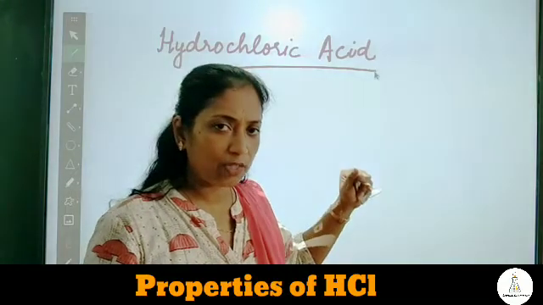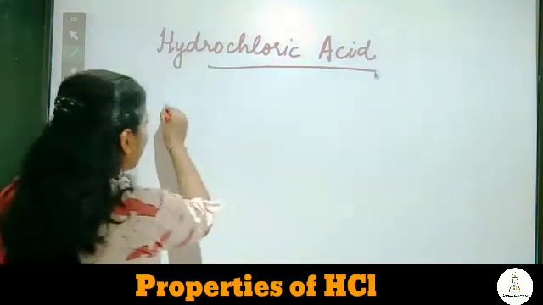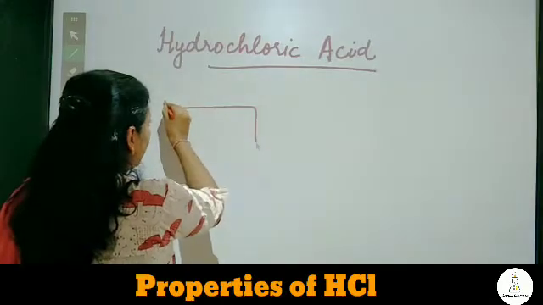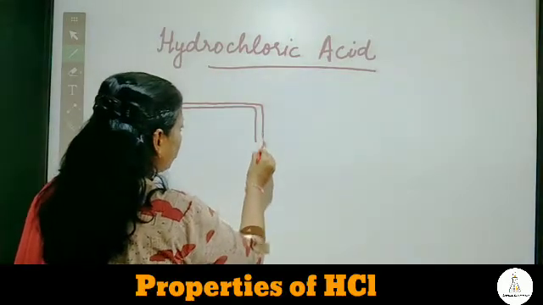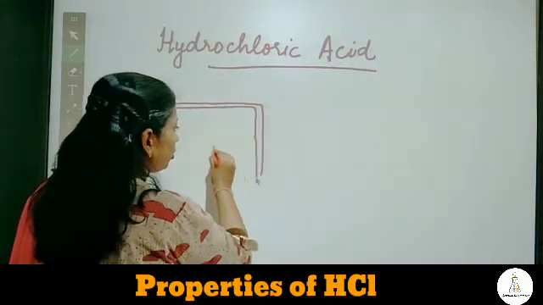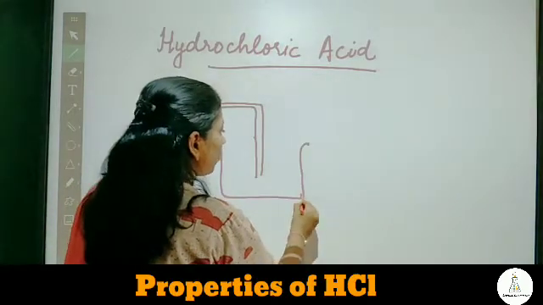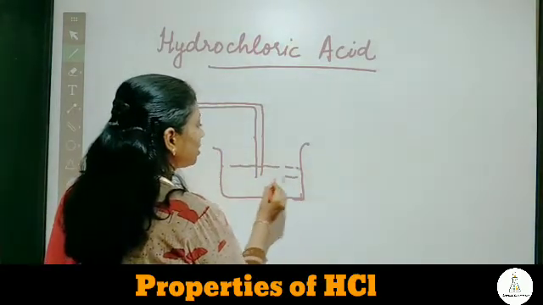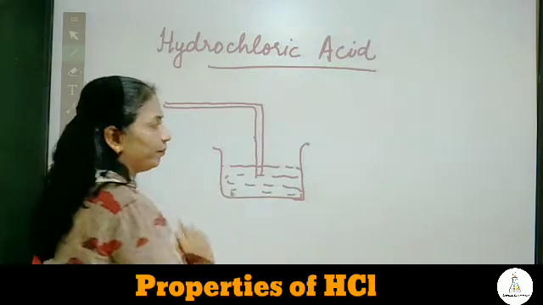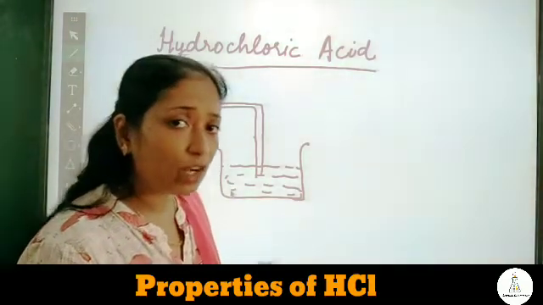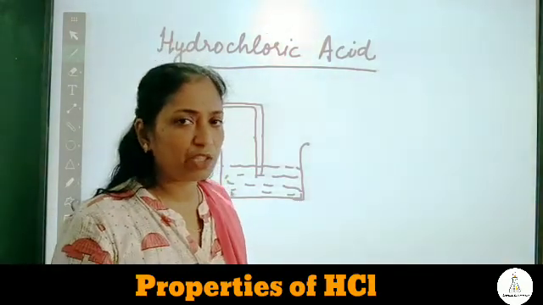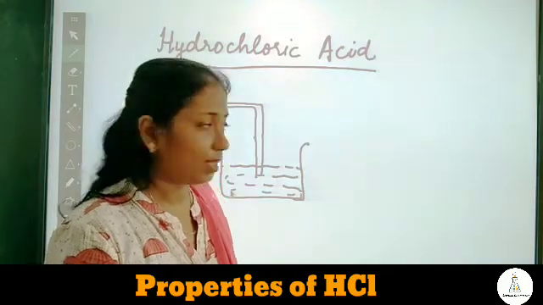Directly from the round bottom flask, we will take a delivery tube which leads into, no need of drying because now we are going to dissolve this gas in water. So why use concentrated sulfuric acid?